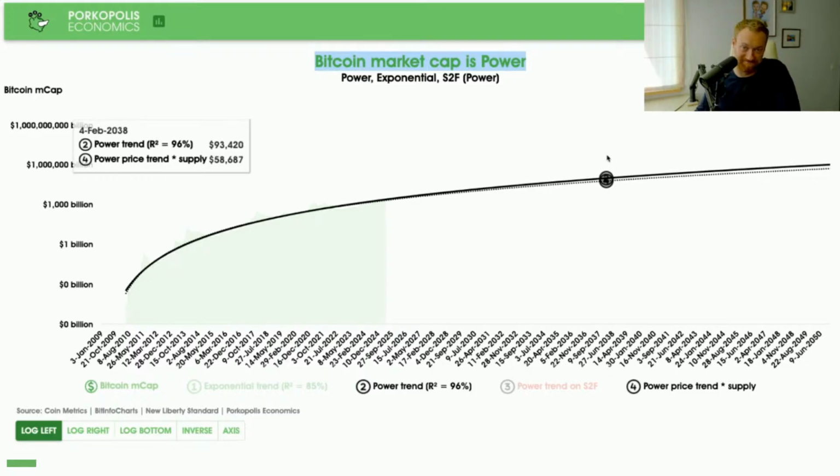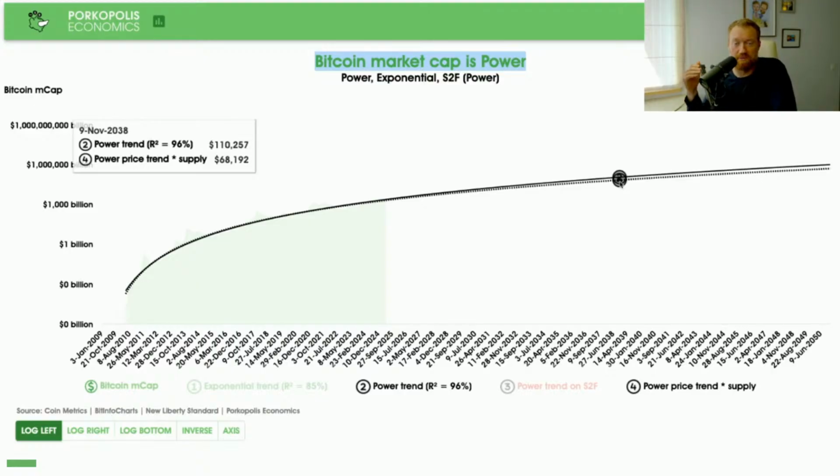Way different. So even though these things look almost identical, they are different, and that's I think an important nuance here. So running it on the market cap is 110,000.